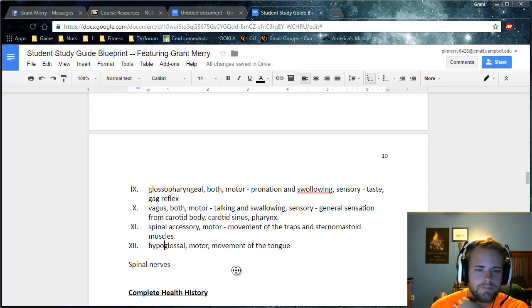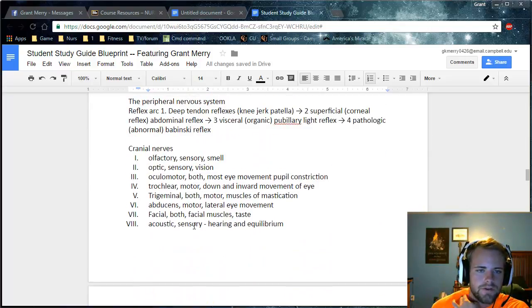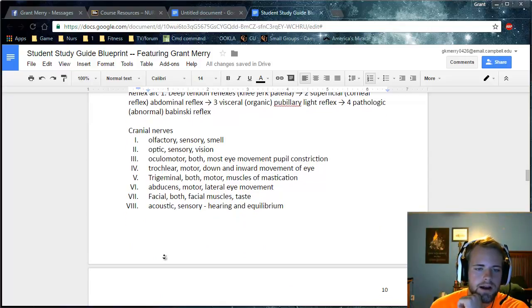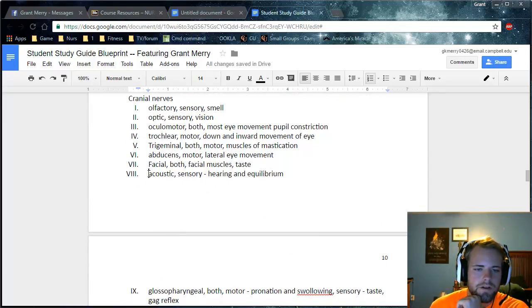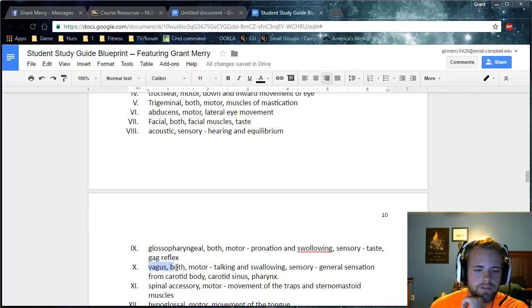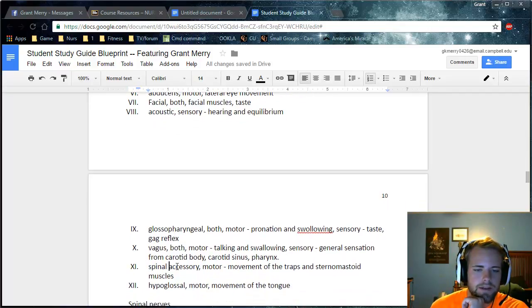And those are the cranial nerves. A few mnemonics for those: Oh, oh, oh, to touch and feel. Vestibulocochlear, which is VIII. Good, vagus, accessory nerve, and hypoglossal.